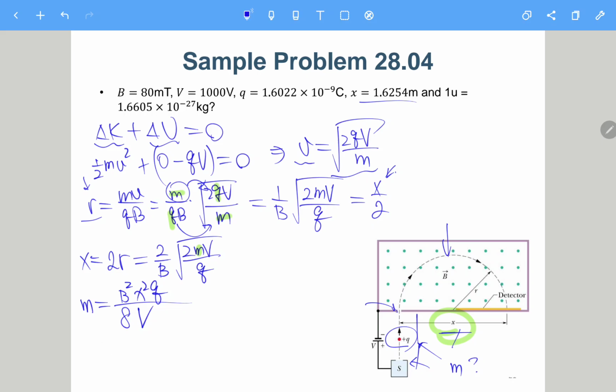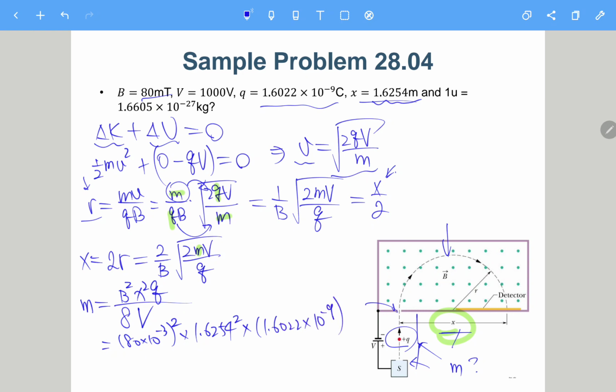Okay, it will be like B is 80 millitesla, 80 times 10 to the negative third power, quantity squared, and then times x, which is 1.6254 squared, and then times q, which is this value, 1.6022 times 10 to the negative 19.